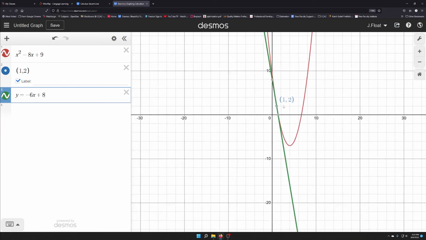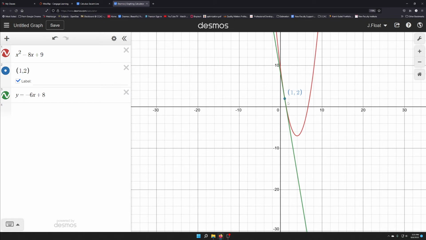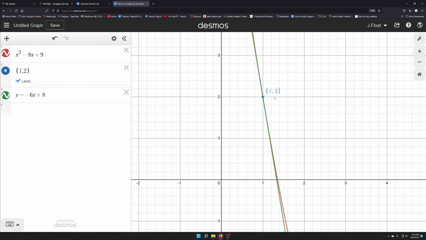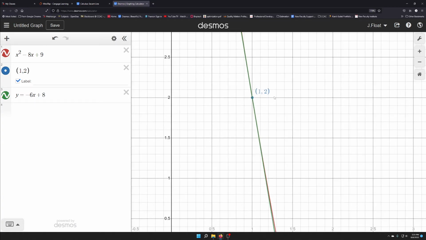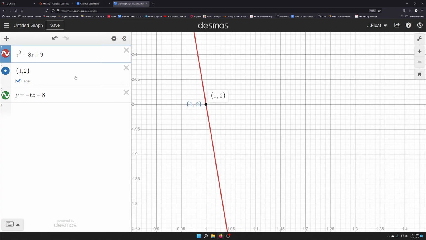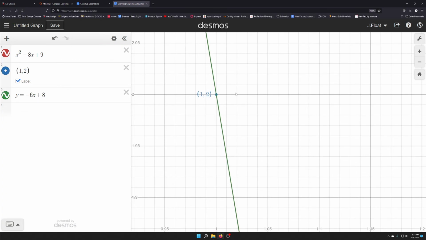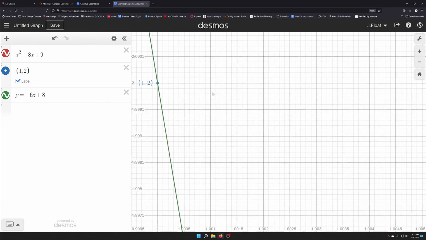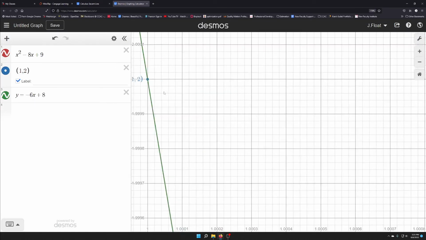I'll zoom out a little bit so you can see it. Now I'm going to zoom in as much as I can. Hopefully it's making sense that the further you zoom in on a curve, the straighter the line is going to get. I'm really zooming in here, and eventually you'd get some separation. Let's see how close I can get. My gosh, we're zoomed in so much here.